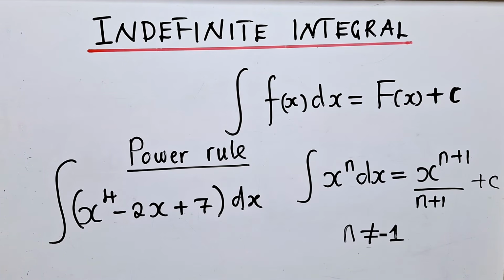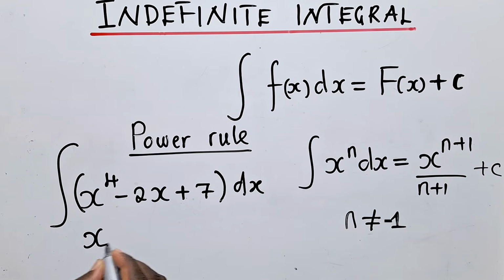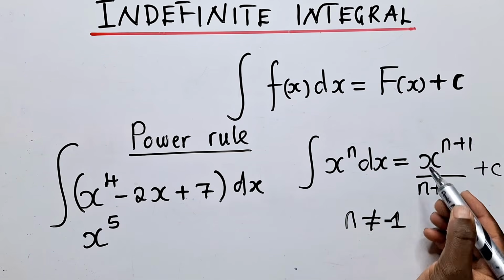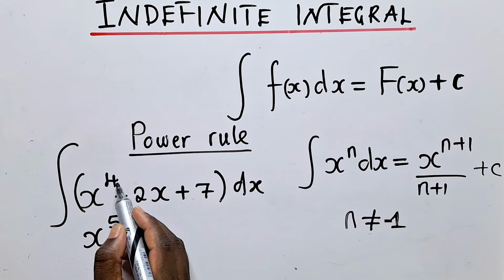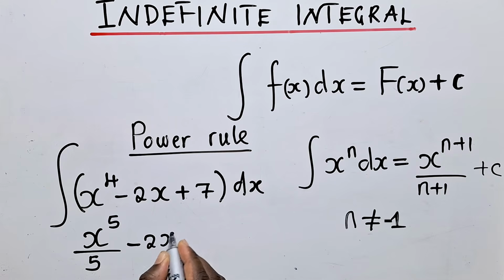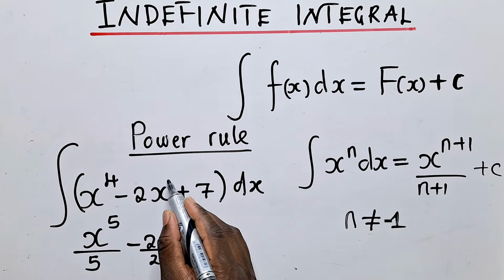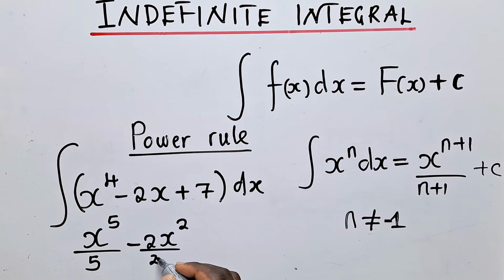Basically, what you're going to do here is say x power 5. Remember, we add a 1 to the power, so there is a 4 here. 4 plus 1 will be power 5, and then you write that new power down here. Here it will be minus 2x power 2 over 2. There is a 1 here, 1 plus 1 will give us a power 2, and the power 2, you divide it down right here.